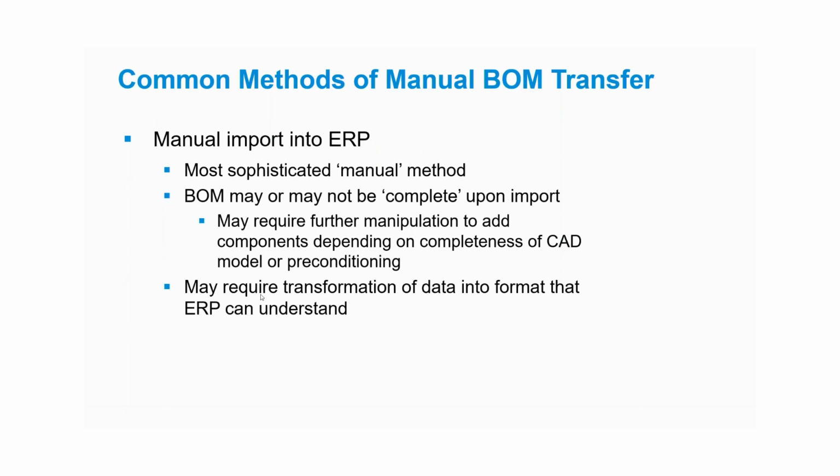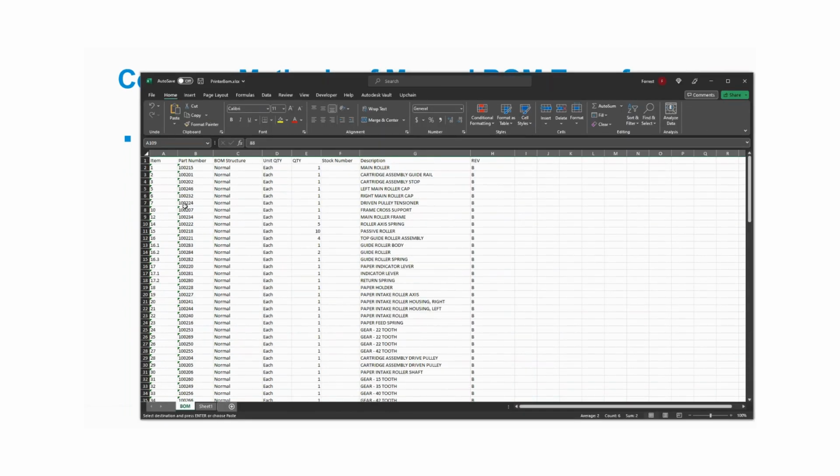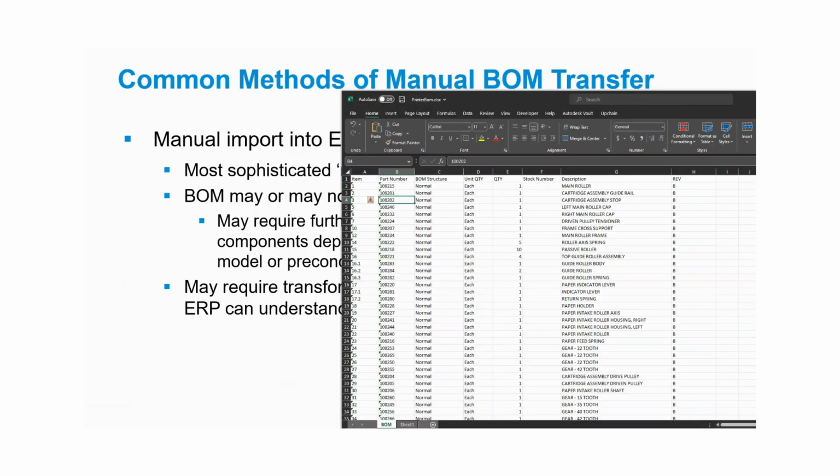And usually this requires some sort of transformation to get from, say, the raw output from something like Inventor, if nothing else, to make sure your columns are in the right order and that data types are specified correctly. Maybe if it's an Excel sheet and your ERP system is expecting a certain data type, like your quantities have to be integers, or your part numbers have to be strings. And if your part numbers are numeric, then transformation and validation still has to go on somewhere, right?